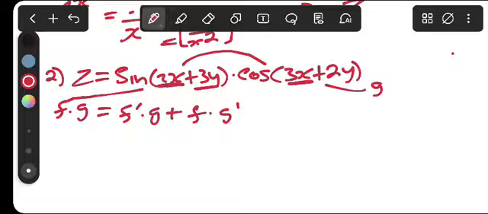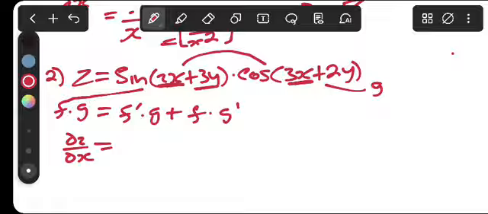So now we are following the product rule. Partial derivative of z with respect to x will be equal to what?